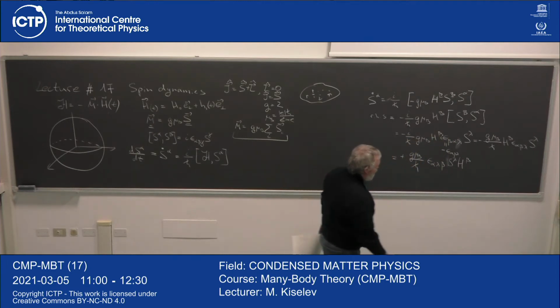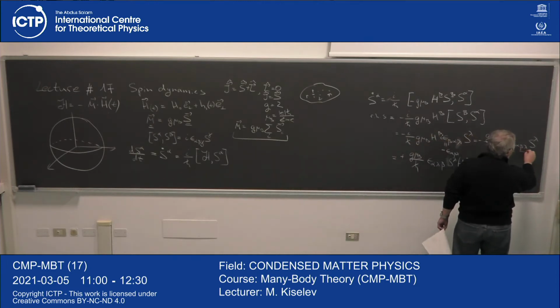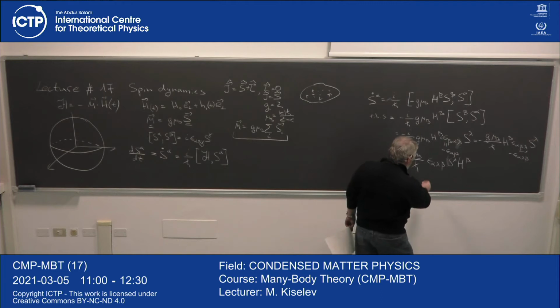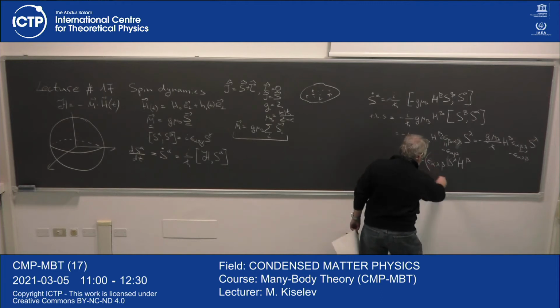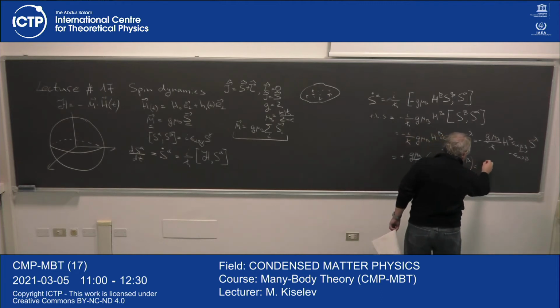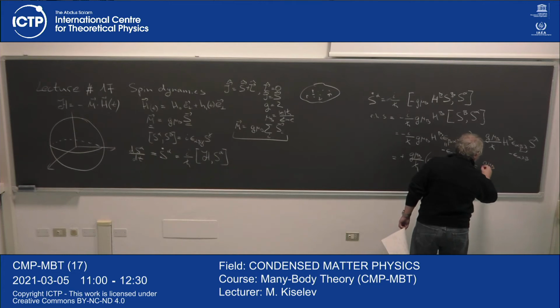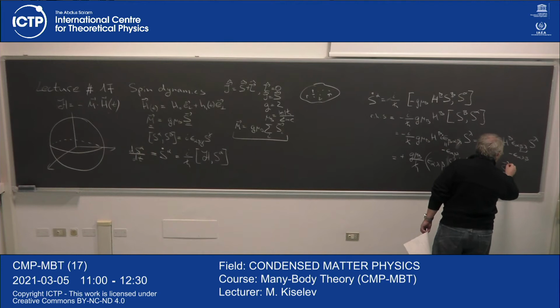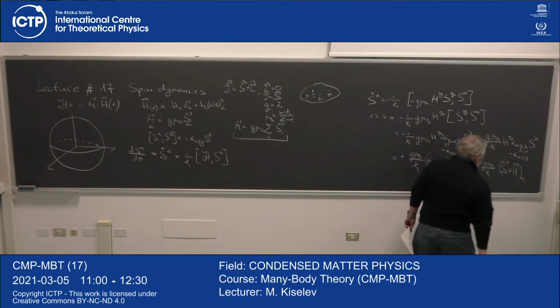Okay, I again flip these two indices. So this is minus epsilon alpha lambda beta. So what we see here, this is g mu bar divided by h bar, and this is alpha component of s times h alpha component.